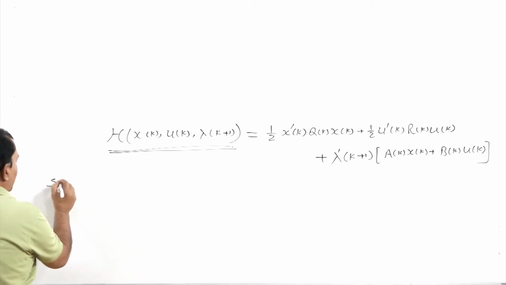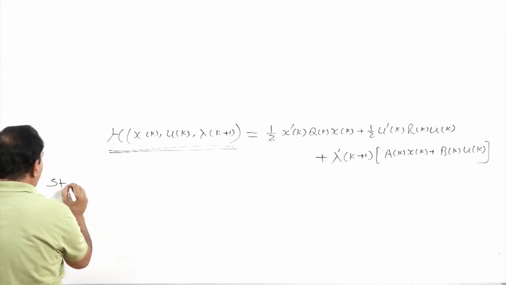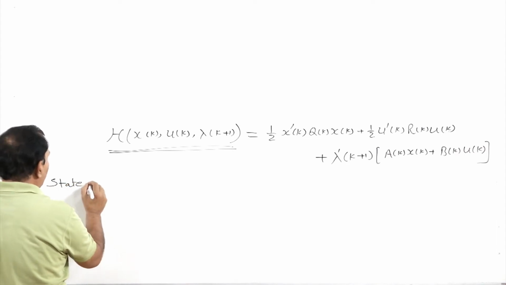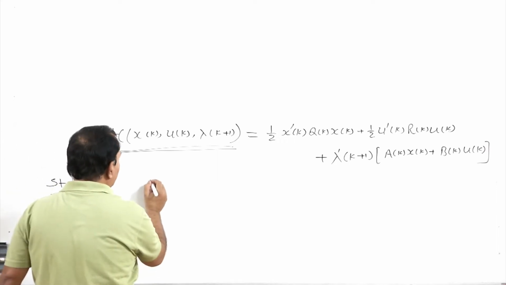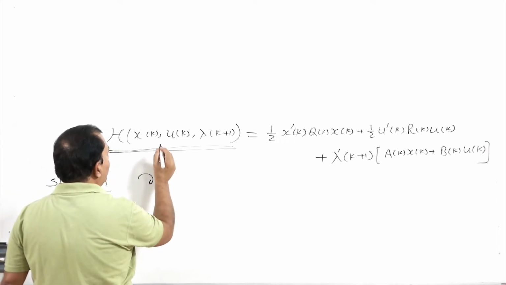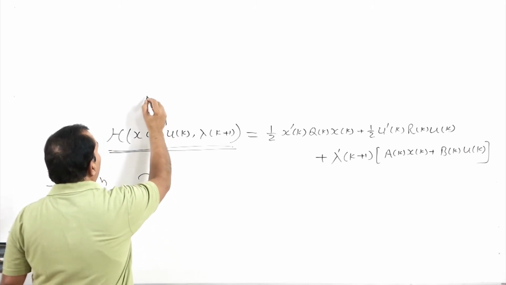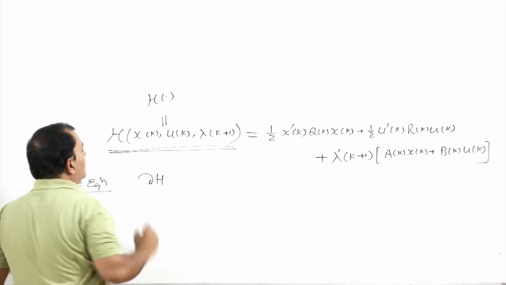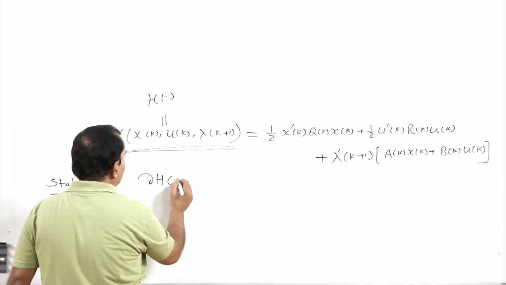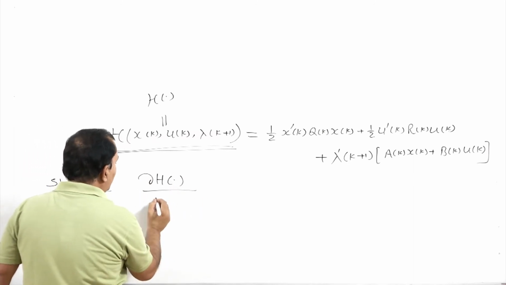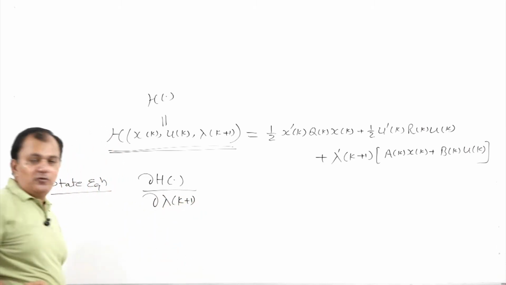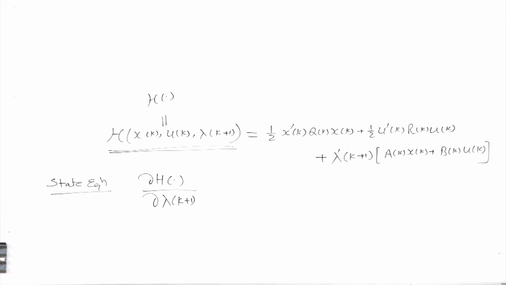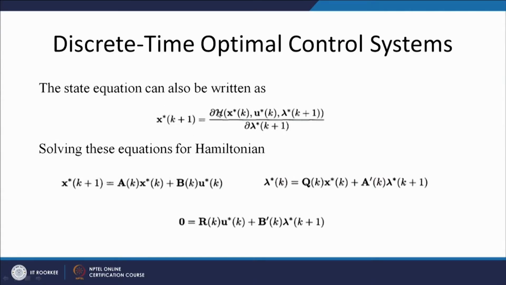So, if I write the state equation, I have to differentiate H with respect to lambda k plus 1. This means x star k plus 1 we have taken as del H by del lambda star k plus 1.